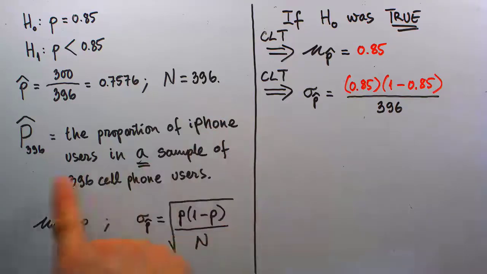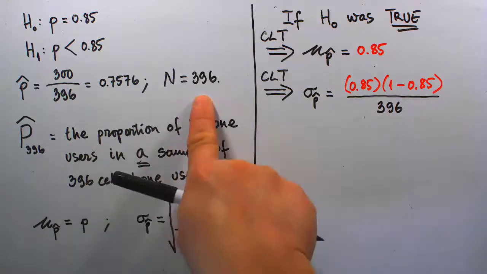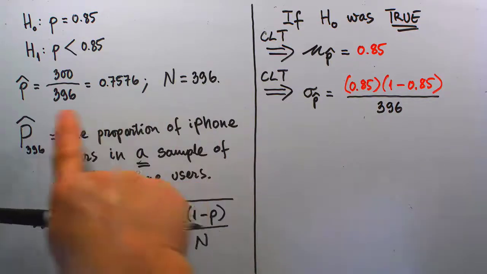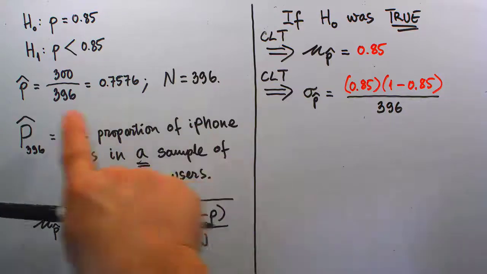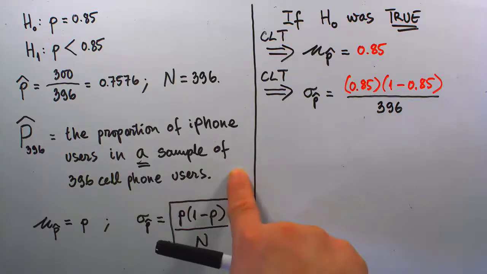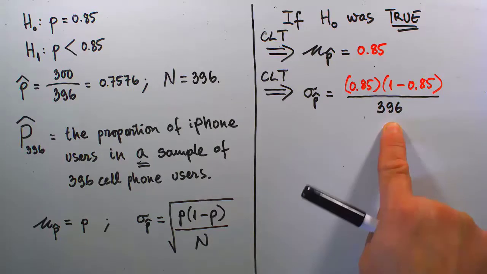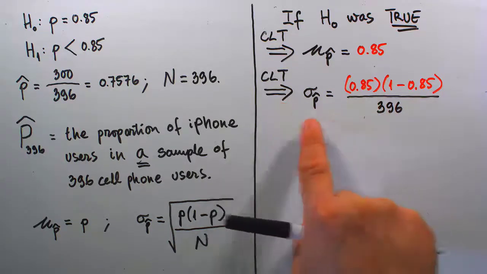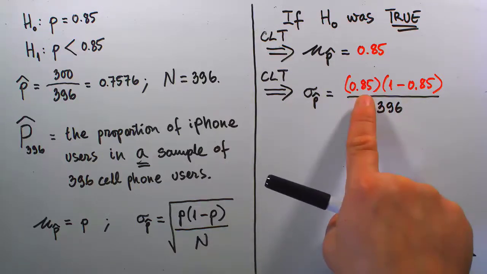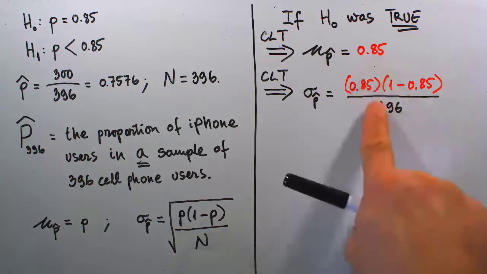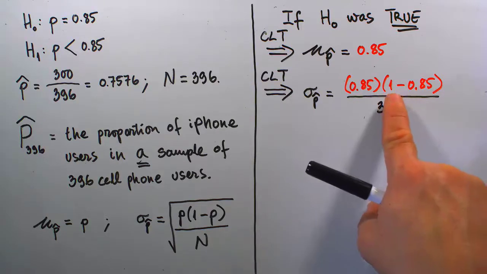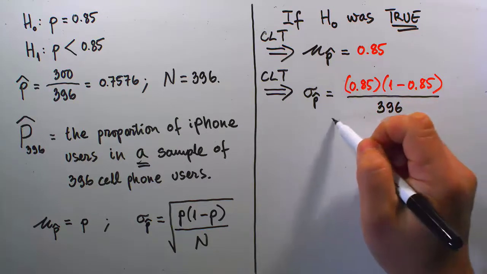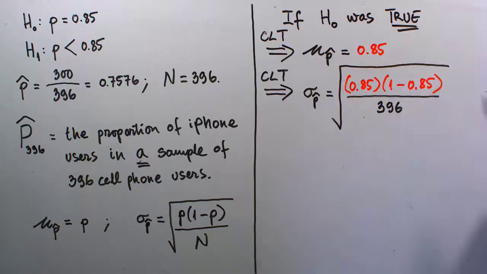And since we are using a sample as large as 396, the entire sampling distribution here, any sample proportion value from this distribution, is at sample size 396. And so the central limit theorem says that sigma p hat is 0.85, the currently accepted population proportion, times 1 minus 0.85, divided by the sample size, and take the quotient inside the square root.